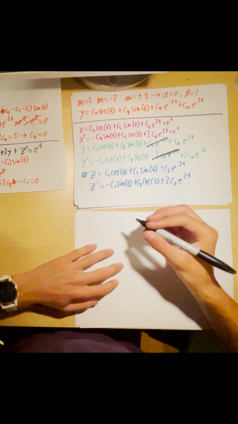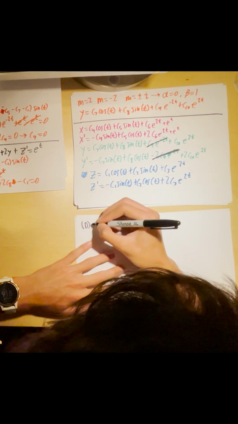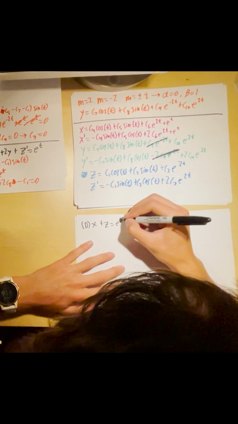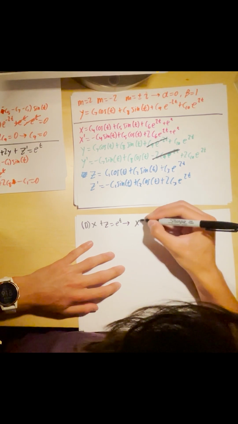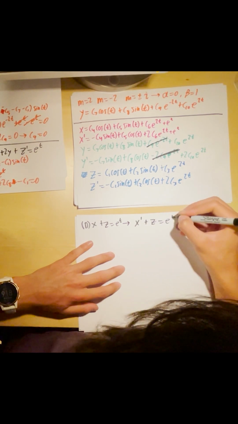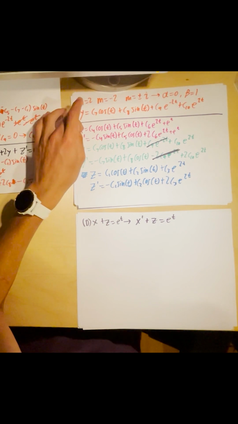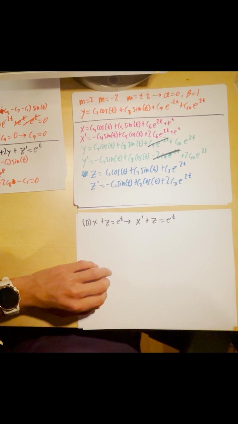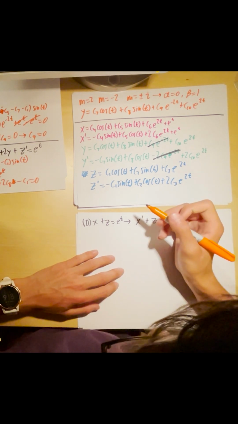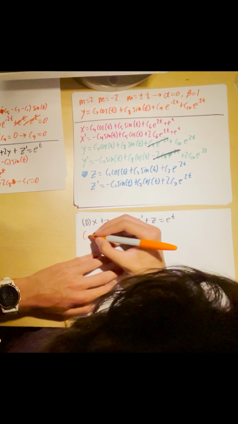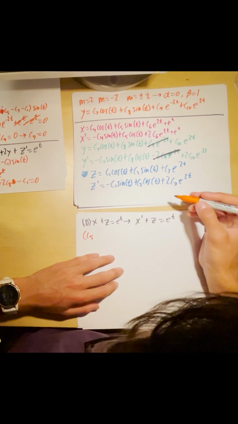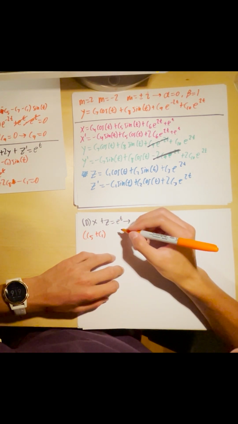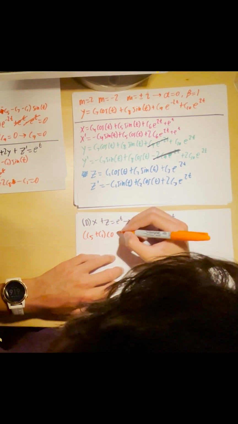I will now put the last one down. This one is d times x plus z equals e to the t. Sorry, this is d operating on x, same thing as x prime plus z equals e to the t. We only have to worry about x prime and z. When I plug in for cosine, it's c5. For z, it is c1. And that's in front of cosine.